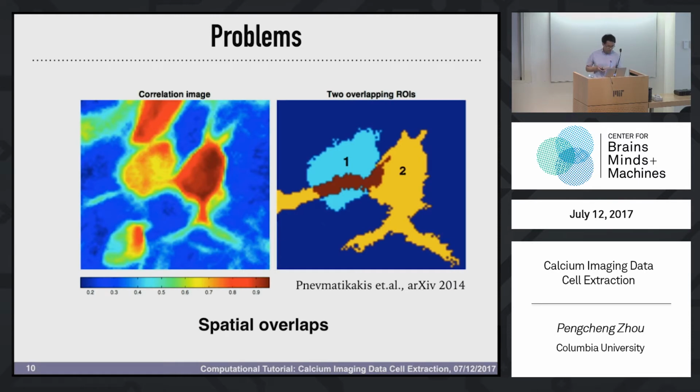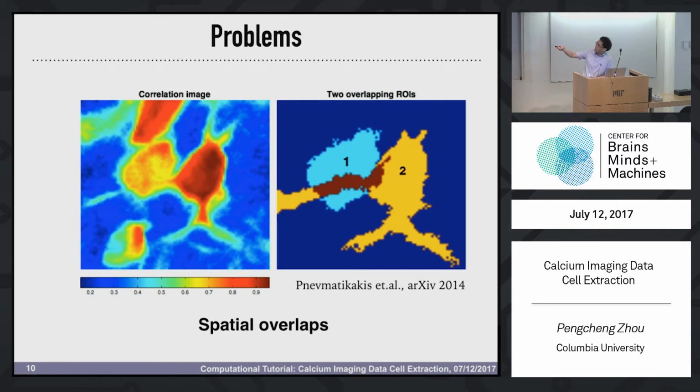ROI analysis has been used for a very long time and is still widely used right now. However, it may fail in a few situations. For example, when two neurons are spatially overlapped, you see the dendrite of neuron 2 is overlapping with neuron 1.